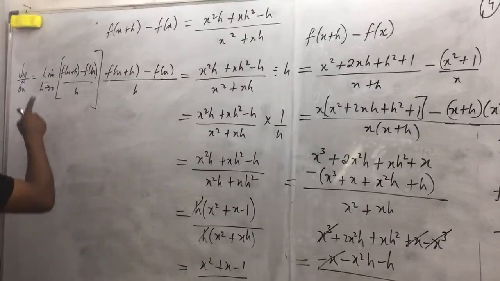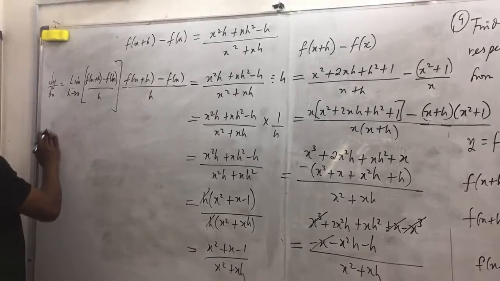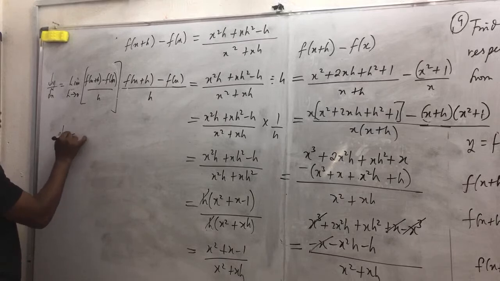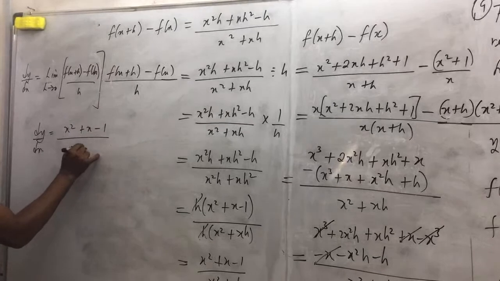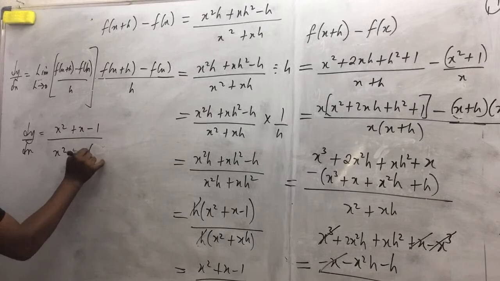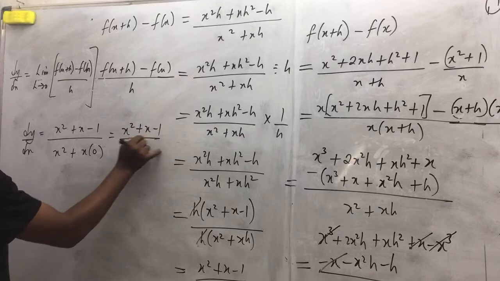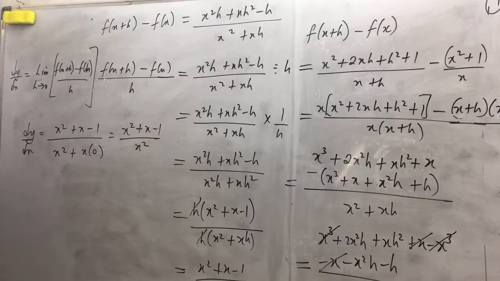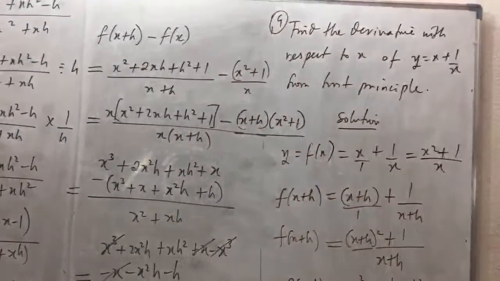Please take note, as h tends to 0, whatsoever is h in this expression becomes 0, and we will be left with dy/dx equals x squared plus x minus 1 all over x squared plus x times 0. And that will result in x squared plus x minus 1 all over x squared, because x times 0 is 0, and 0 plus x squared will give you x squared. So it means that when you differentiate this function, the result will be this.